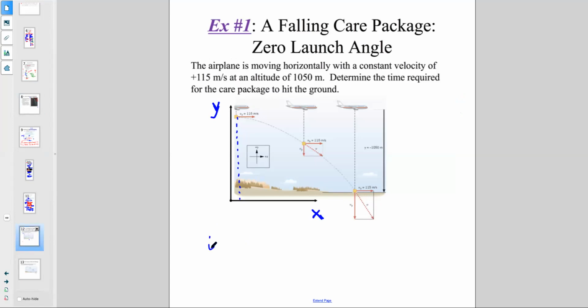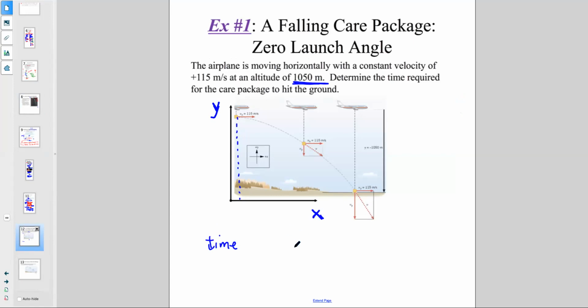The time is the time that it requires to come to the ground with some initial position, which at this point is 1,050 meters above the ground.